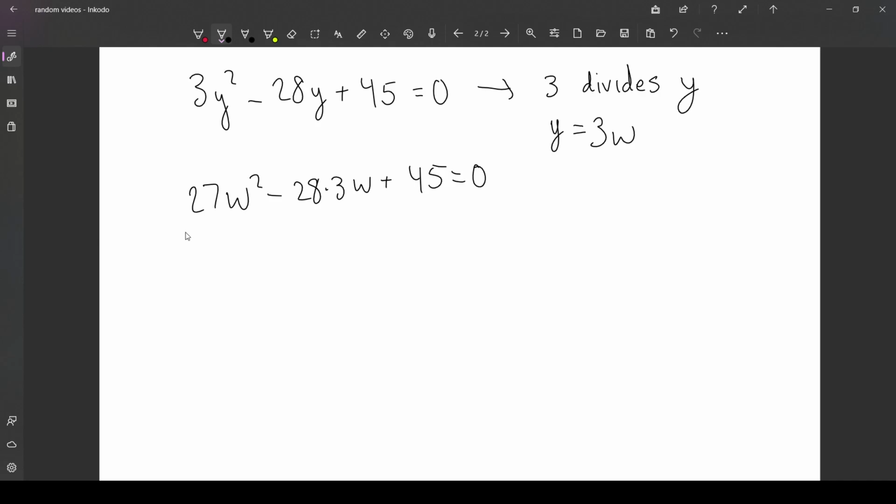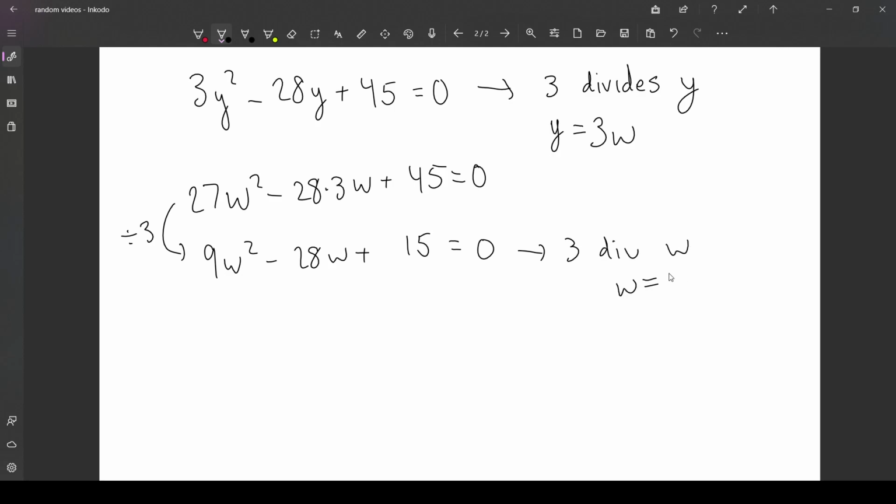And we can divide out by a 3. So if we divide by a 3, we get 9w squared minus 28w plus 15 equals 0. And then we have the same thing, right? Basically, 28w is going to equal 9w squared plus 15, which is a multiple of 3. So this implies 3 divides w.